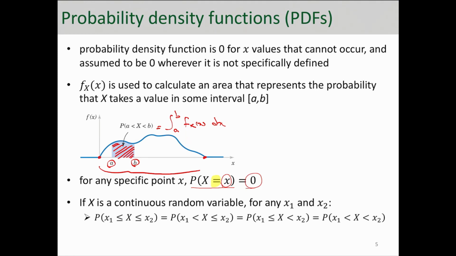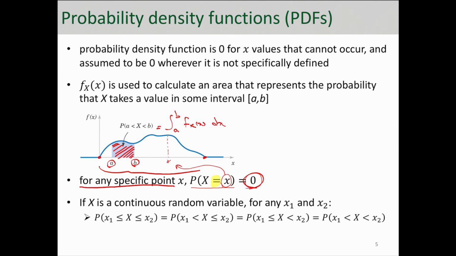Let's say that this is that point, point x, the same x that we have here. There is no area under that single point, so that integration would be equal to 0. That's why for any specific point, the probability of x equals that point is always equal to 0 for continuous.